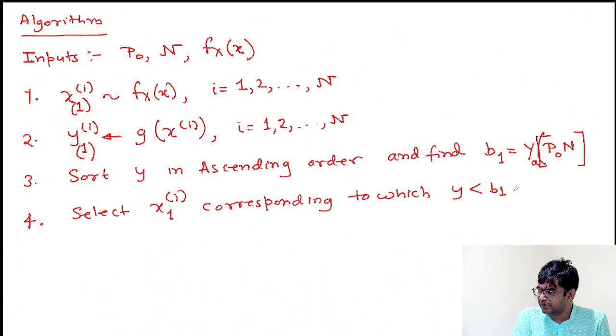Is this step clear what I did? So suppose I have 100 samples. Out of that 100 samples, because I am using 0.1, 10 samples have failed. So I am taking the x values of those 10 samples corresponding to which y was less than b1. Now y less than b1 is actually not failure. This is like pseudo failure that I am introducing to the system.